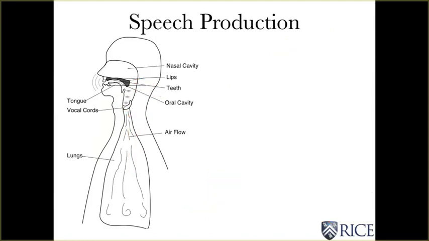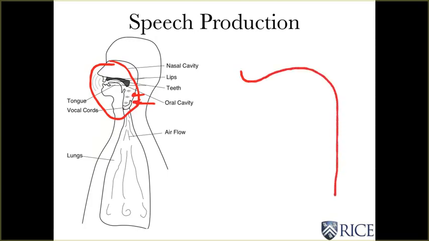We're going to talk more about that in just a second. Now what happens is that these puffs of air go into what's called the vocal tract, which is formed by all of these structures: the tongue, the lips, the opening of your mouth, all kinds of things. If I were to draw this again, we might have something that looks like this, opens up, has some teeth here at the end.